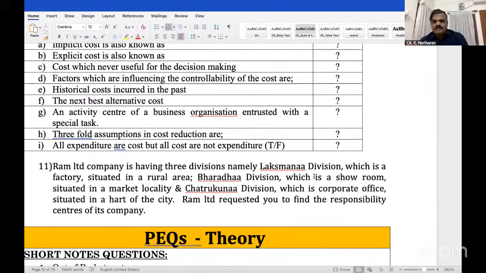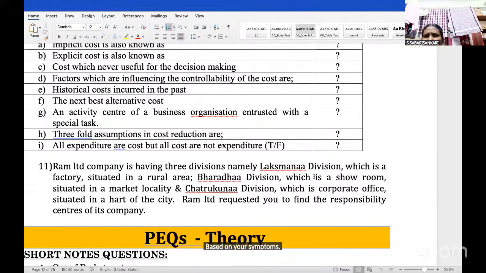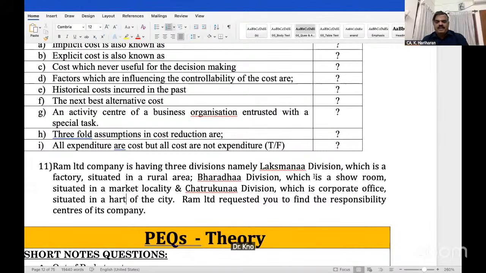Bharata division, hyphen showroom. Revenue center. Shatruguna division, hyphen corporate office. Investment center.